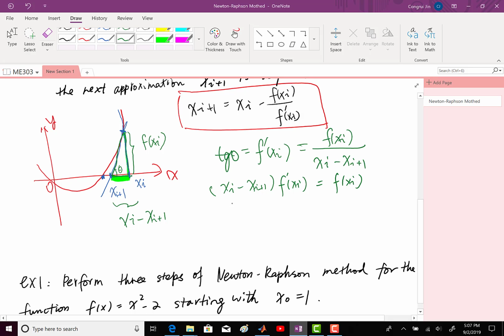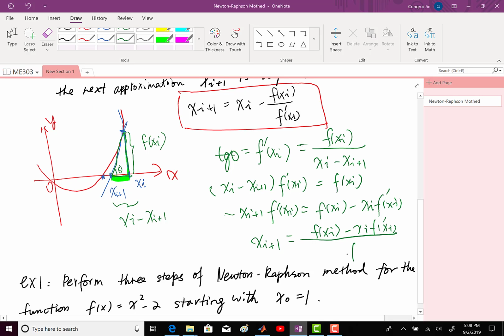Then we have negative xi+1 times f'(xi) equal to f(xi) minus xi times f'(xi). So xi+1 will be the negative of that over f'(xi).